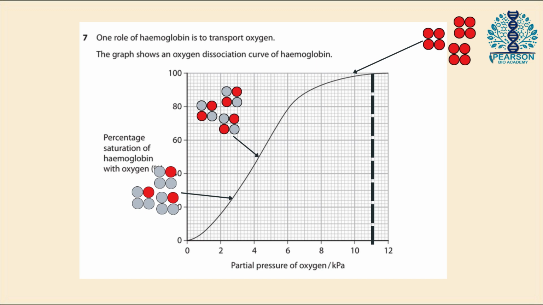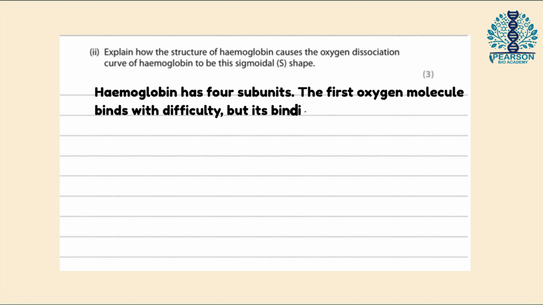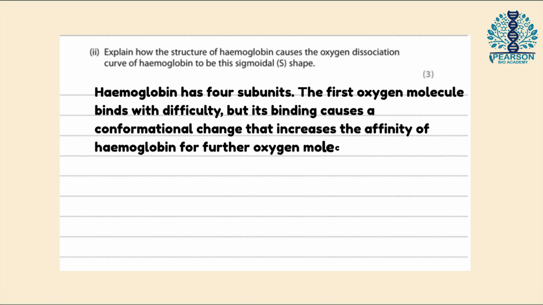So, additional increases have no effect on oxygen binding because there is no use. As I told you, hemoglobin only has four subunits, four spaces, so they have already become saturated. There is no point increasing the partial pressure further. Now let's put it all together to write the answer.